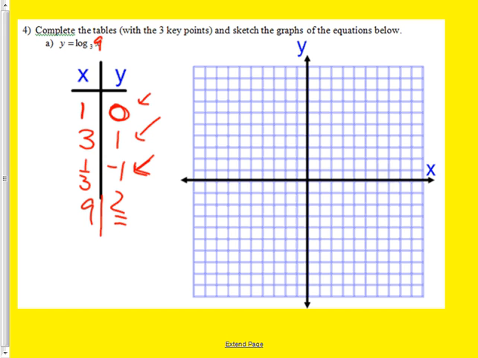I don't care, as long as you make a list of points. And once you got your points, you just have to slap them on the graph, and then we should try to figure out what logs kind of look like here from looking at these points. So let's everybody graph these points. 1, 0, 3, 1, 1/3, -1, and 9, 2.